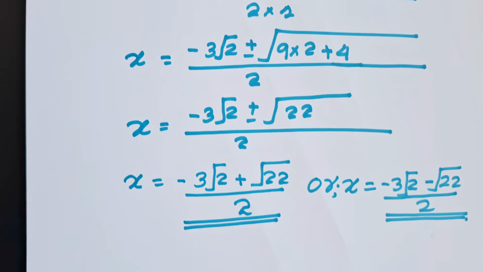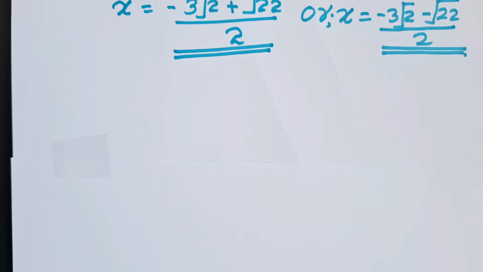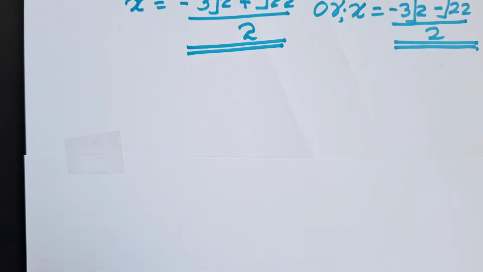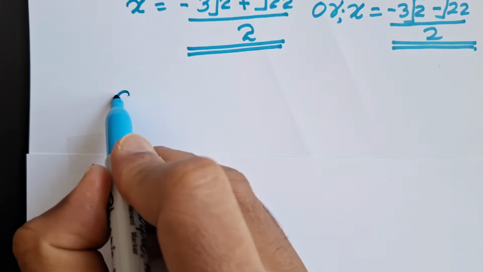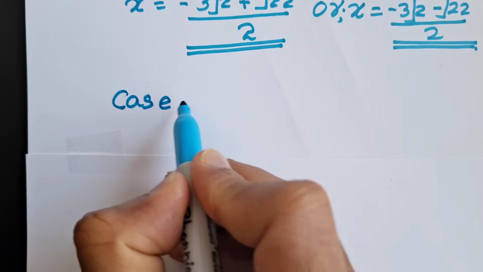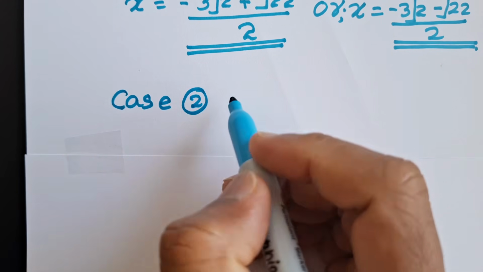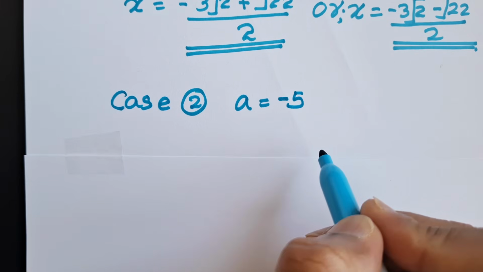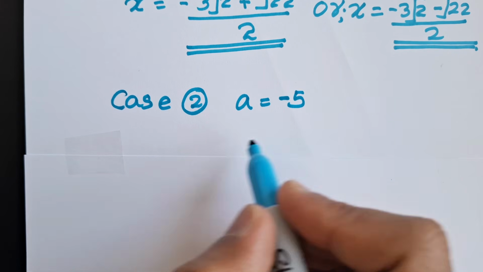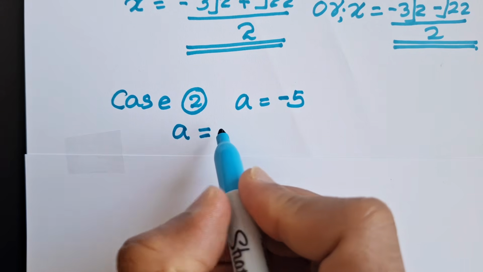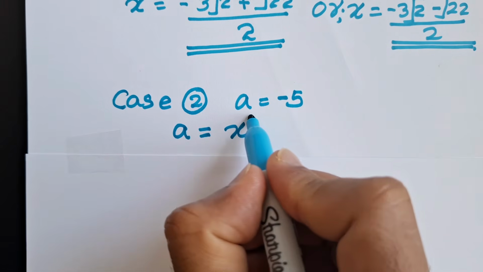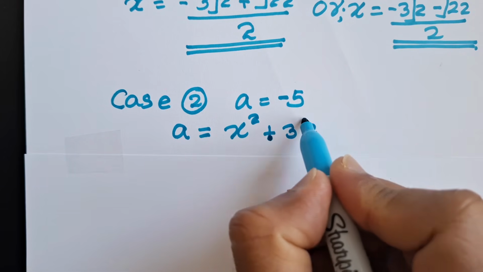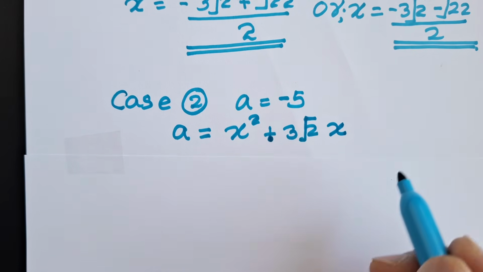But we need to think about the other case also, when a is equal to minus 5. Alright, so in the second case we have a is equal to minus 5. Our initial substitution is a is equal to x squared plus 3 times square root of 2 times x.